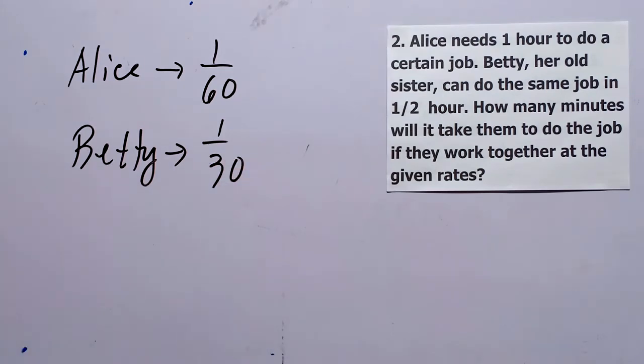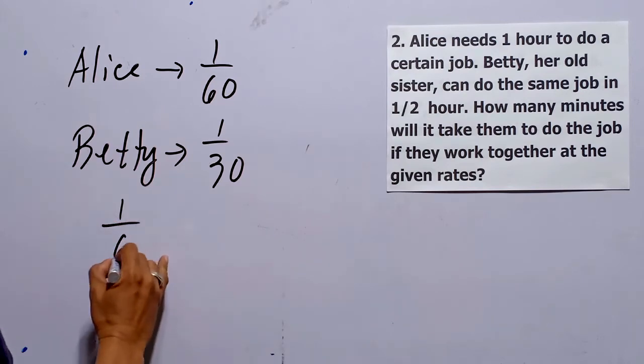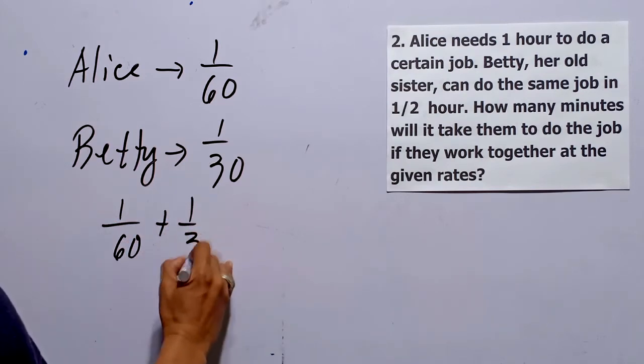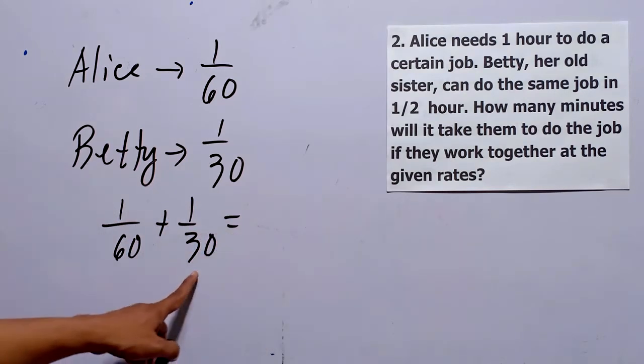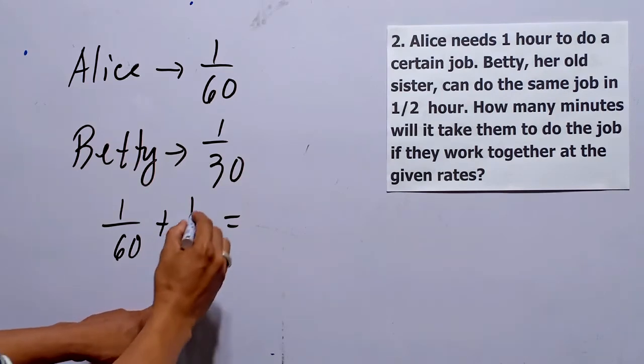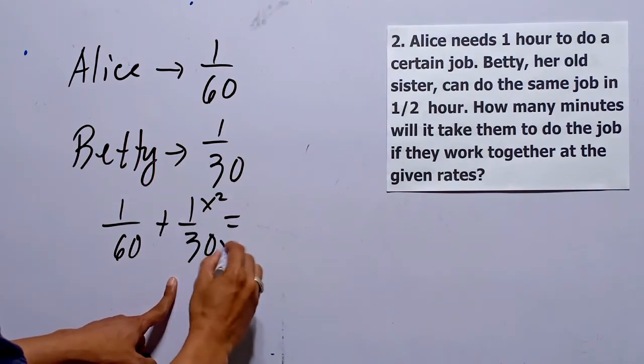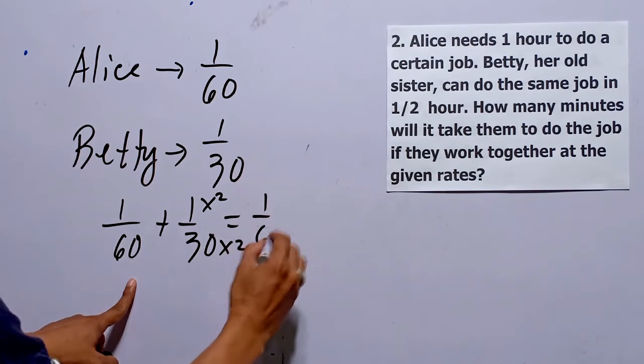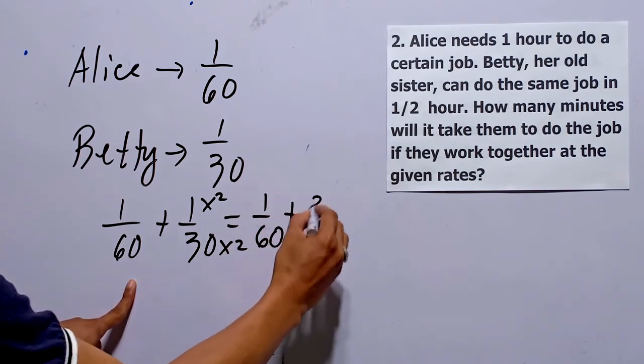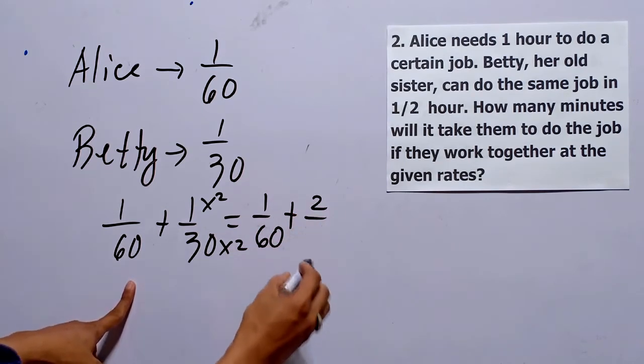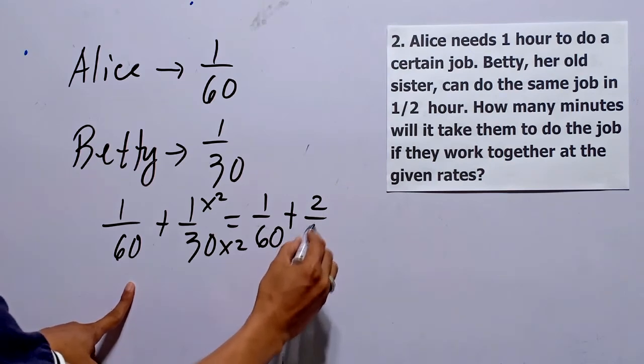So if they will work together, we need to add 1/60 plus 1/30. Again, we need to make them similar. If you multiply this by 2, you get 1/60 plus 2/60, right?